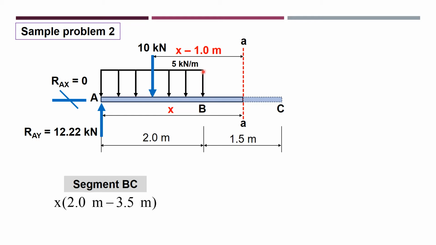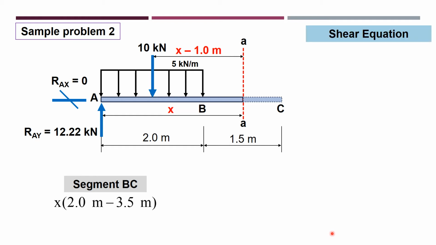Since this is a rectangular loading, ang centroid nito ay midway lang or nasa gitna. Or if this is 2 meters, so it is 1 meter from A and 1 meter from B. And since what we need is the distance from this centroid up to the imaginary cutting plane, so that would be x minus 1 meter.